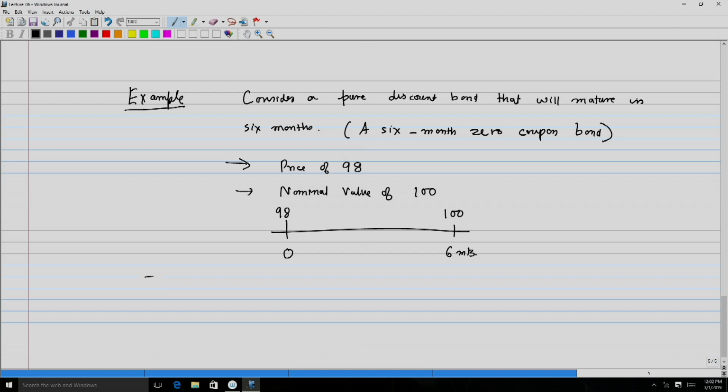Then the annualized compound rate, which I will denote as R6M for this example, is obtained as follows.